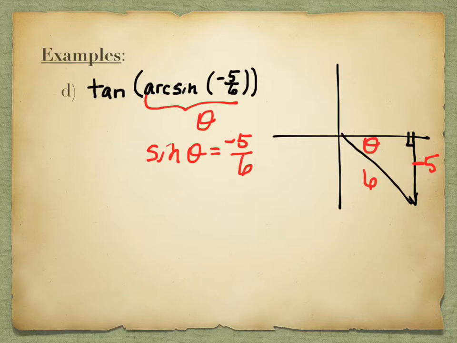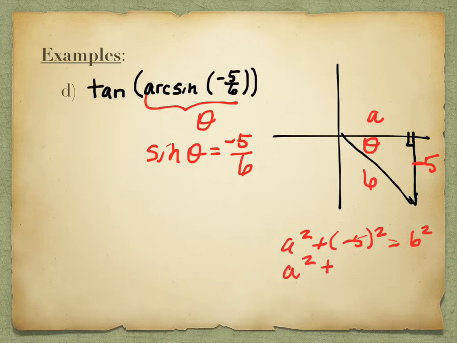Now on this one, I don't have a 3, 4, 5 triangle, so I'm actually going to use the Pythagorean theorem. Okay? So this side right here, call it a, b, c, q, x, whatever you'd like. And we're going to have a squared plus negative 5 squared equals 6 squared.